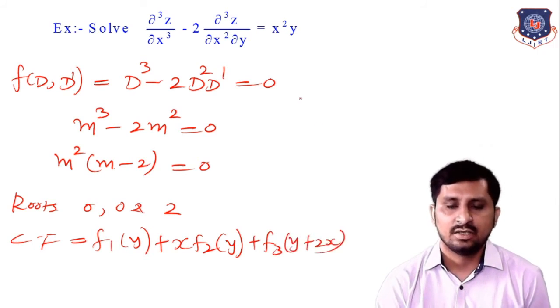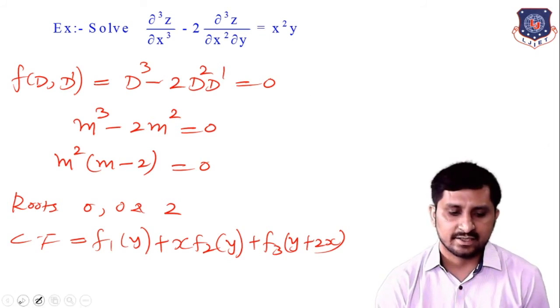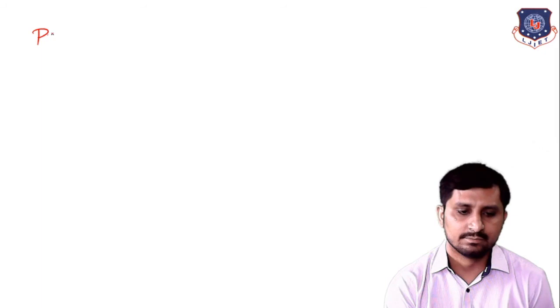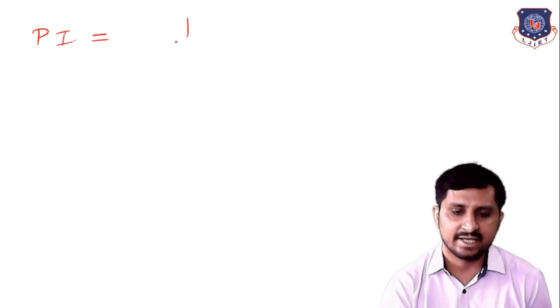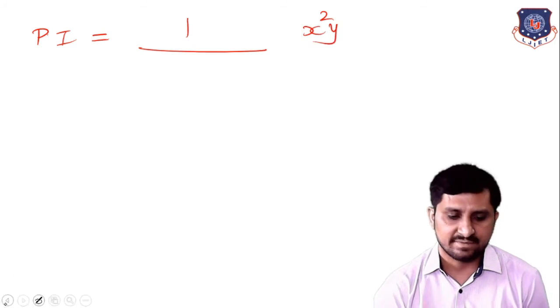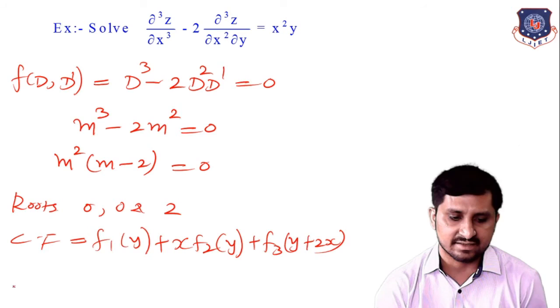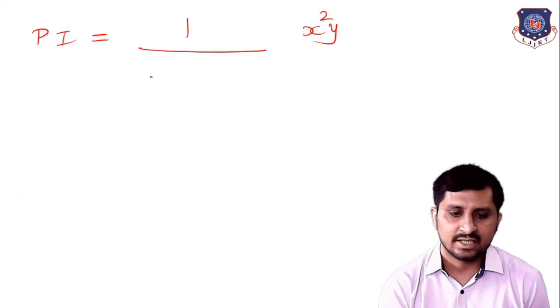Okay, now the particular integral, 1 upon f of D, D dash. What is my function? The function is x square y, and what is f of D, D dash? D cube minus 2 D square D dash.